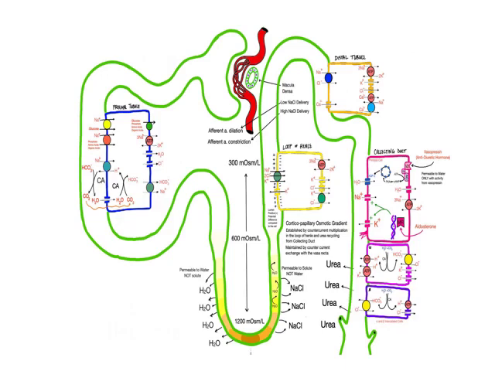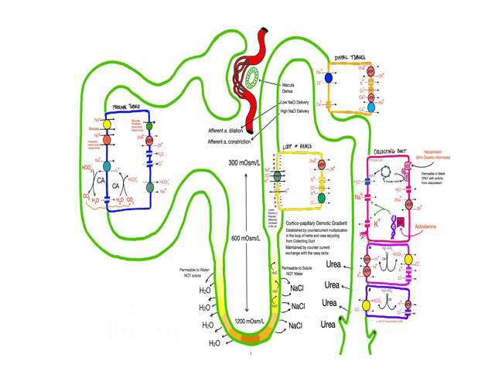Here you can see the Bowman capsule that leads to the proximal convoluted tubule, where sodium will be reabsorbed, water will be reabsorbed, chloride ions will be reabsorbed, and potassium will go inside.